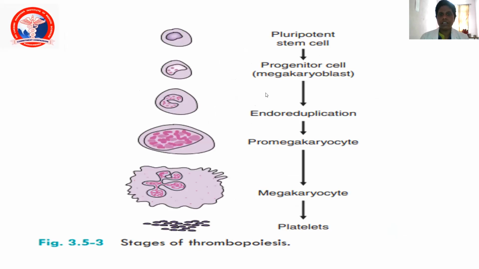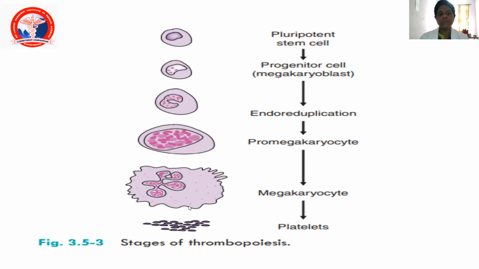These are the steps of synthesis of platelet. First, we have the pluripotent stem cell giving rise to progenitor cells, and these progenitor cells give rise to promegakaryocyte, then megakaryocyte, and then the platelet.